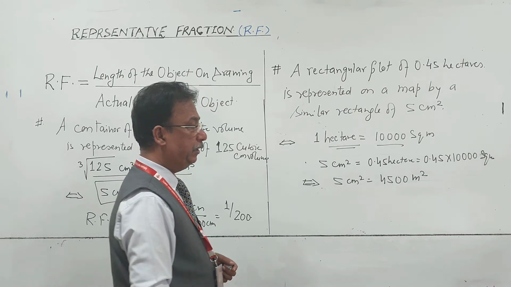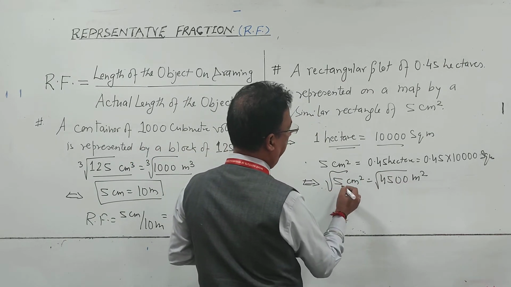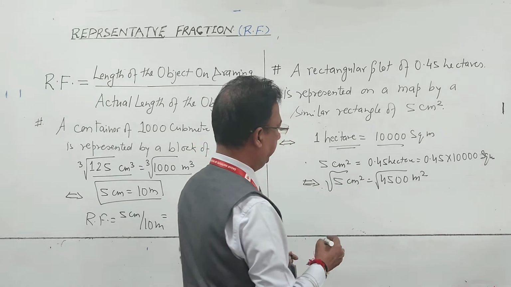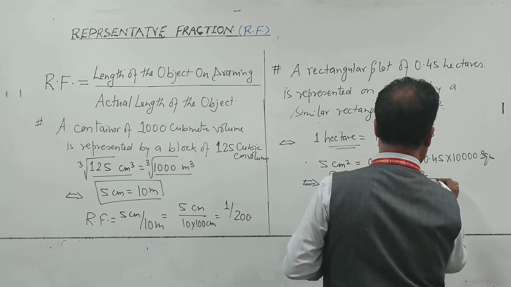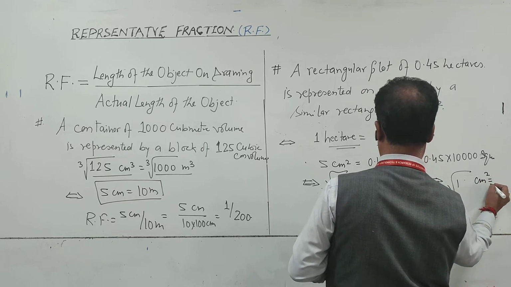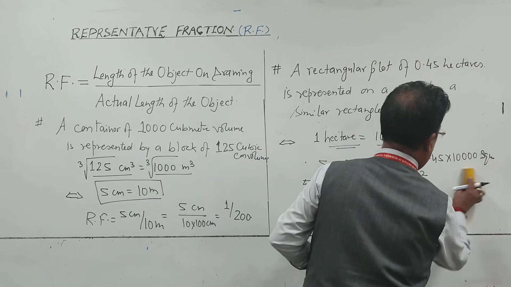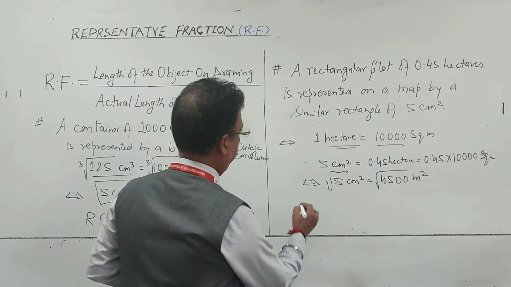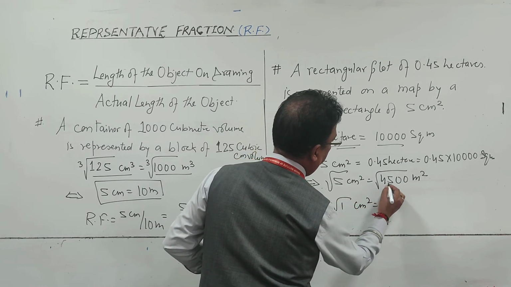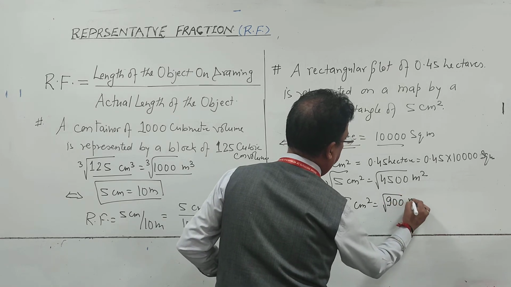Again the proportion is in the form of area, so you have to take the square root of this one. Or earlier, what you can do is divide this by 5. So what we actually get is 1 centimeter square will be equal to 900 meter square.